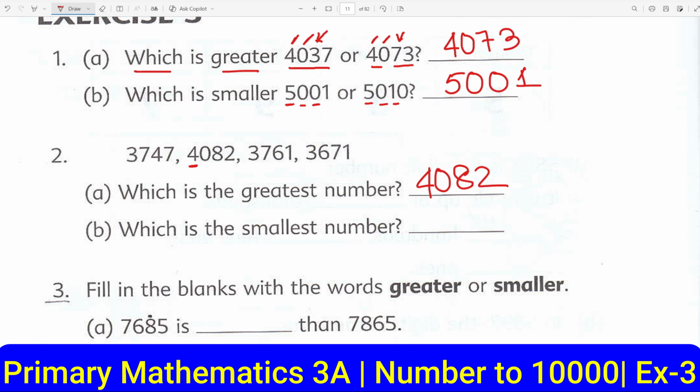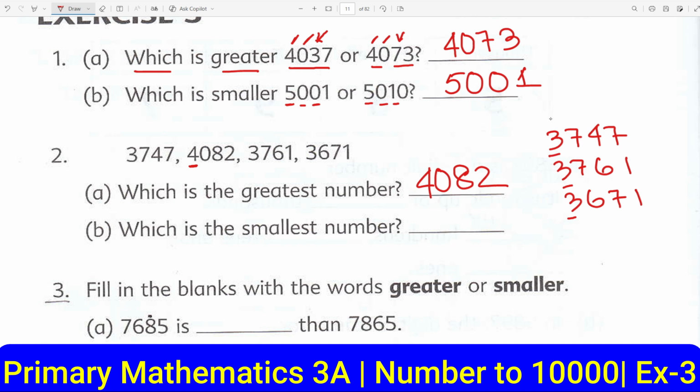But what about the smallest number? We will check between 3747, then 3761, 3671. First we have to check the leftmost digit.